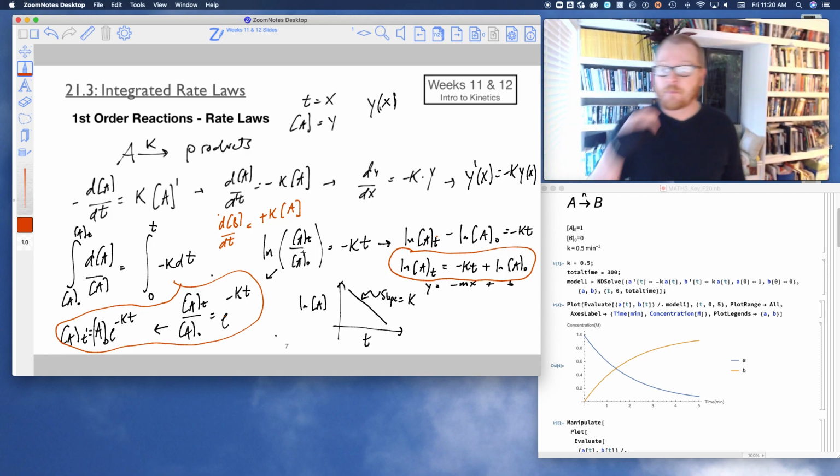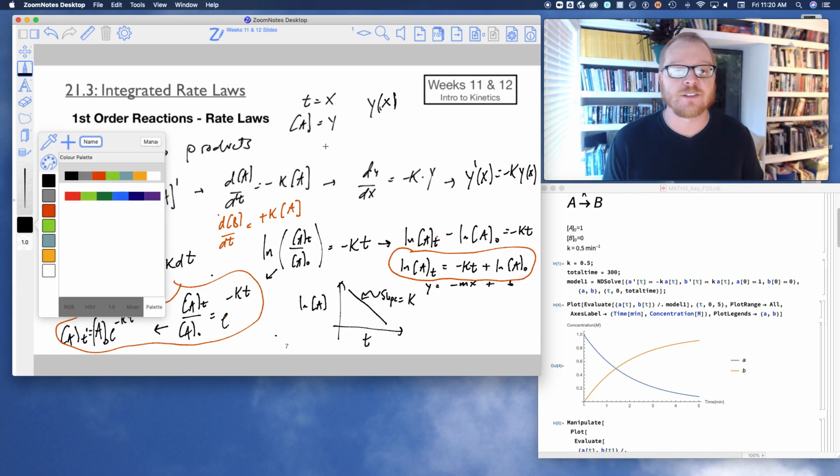It's all about the reactants. Now, where did the positive come from? Well, because we recognize that B will have a +1 stoichiometric coefficient. So if I know the reactant is dA dt equals negative kA, and I have this simple first order reaction A goes to B, then the rate law of the product is just going to be dB by dt equals positive k still times A.